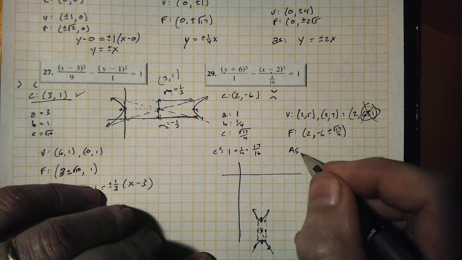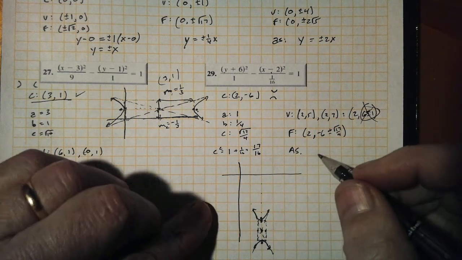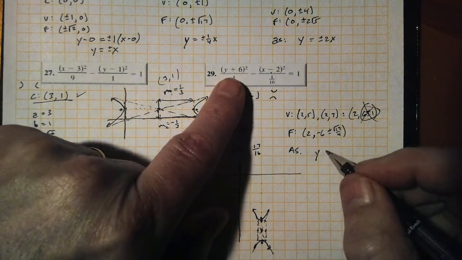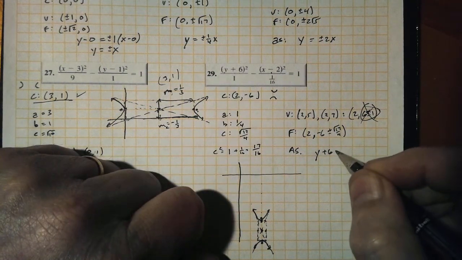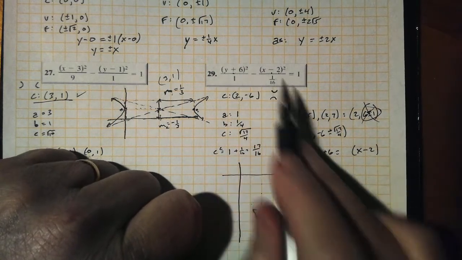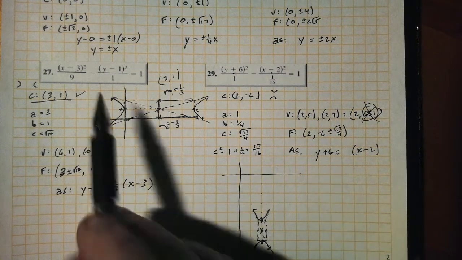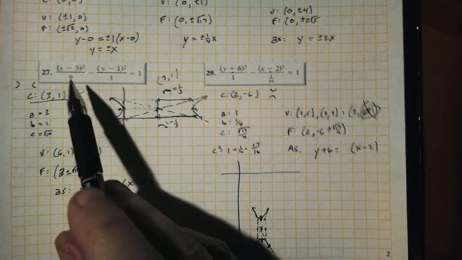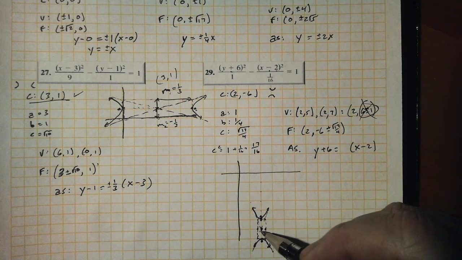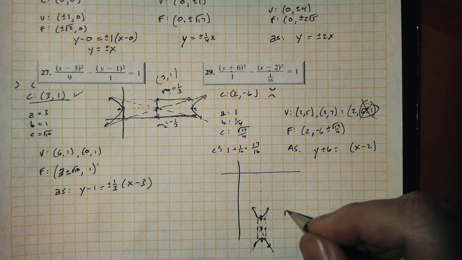And our equation of our asymptotes, well, let's see, it's y minus negative 6, or y plus 6, equals something times x minus 2. Notice it's the exact same thing as back here. Y minus 1, y minus 1, x minus 3, x minus 3. I just need the slope. And what was the slope?